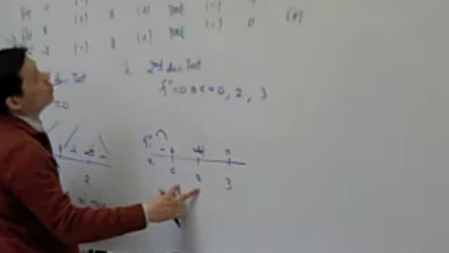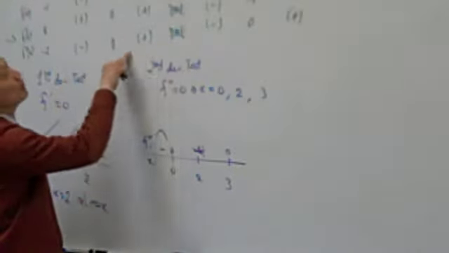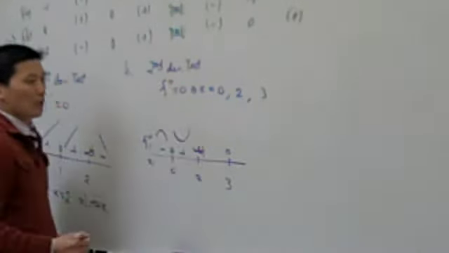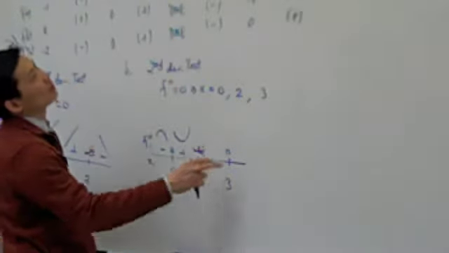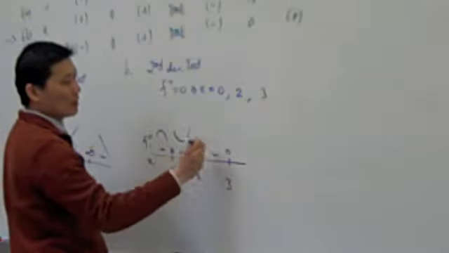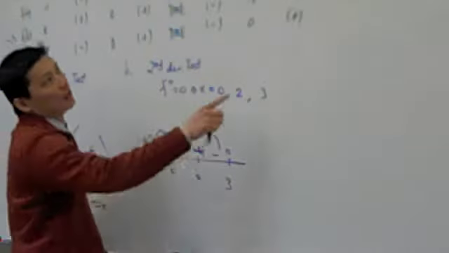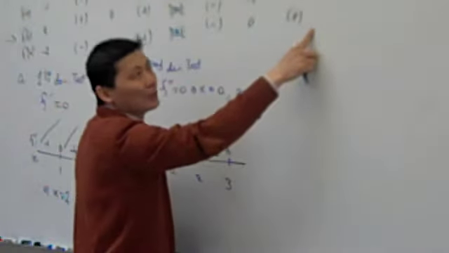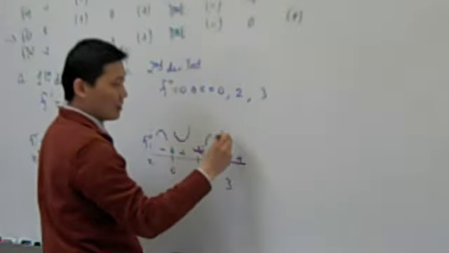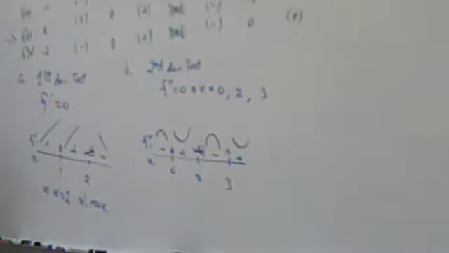Between 0 and 2, we got positive, so concave up. Between 2 and 3, we got negative, so concave down. And from 3 on, all the way to 4 at least, because 4 is our ending point, we got positive, so concave up.